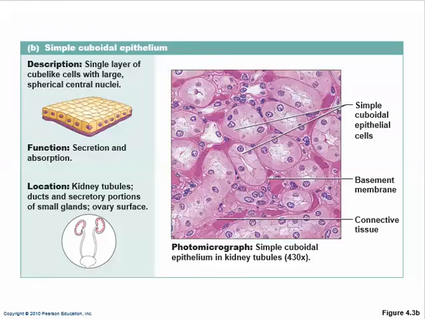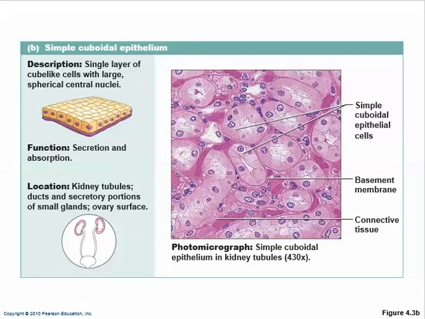Simple cuboidal epithelium is going to be very much the same in that absorption will come across, but there will also be some secretion because there's now enough cytoplasm that there's enough organelles that these cells can actually make products that will get secreted.